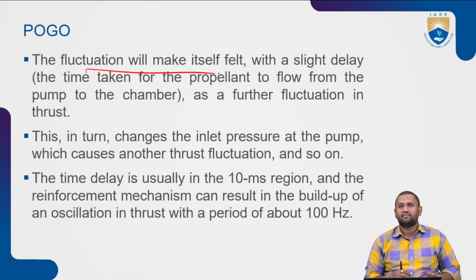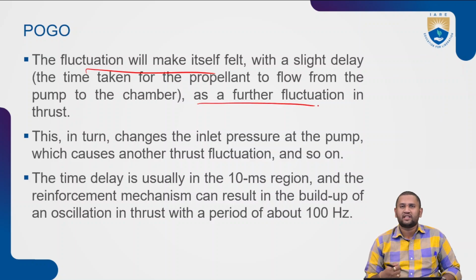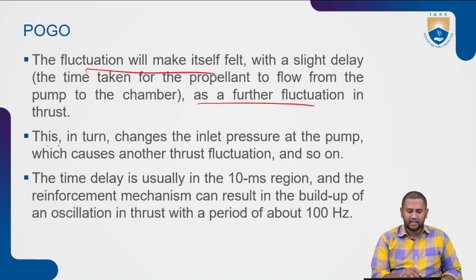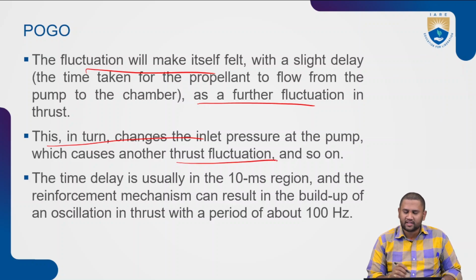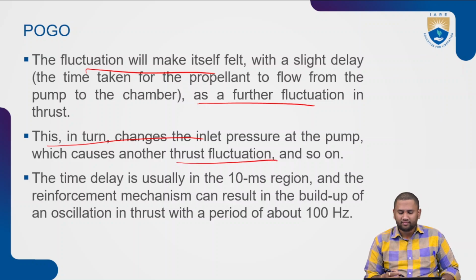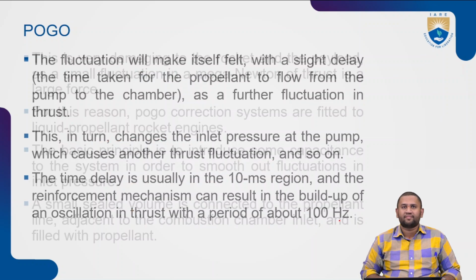This fluctuation makes itself felt, with a slight delay, as further fluctuation in the thrust. This in turn changes the inlet pressure at the pump, which causes another thrust fluctuation, and so on. The time delay, usually of the order of 10 milliseconds, and the reinforcing mechanism can result in a buildup of oscillation in thrust with a frequency of about 100 Hz.